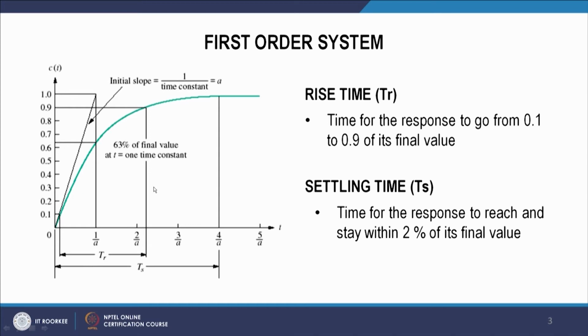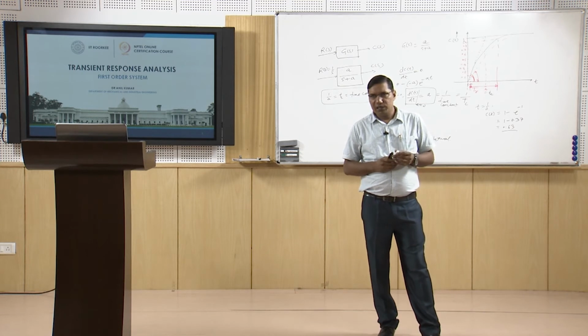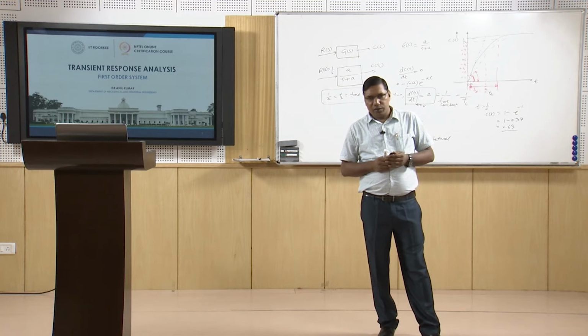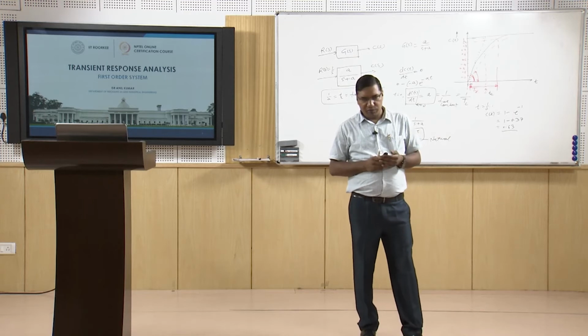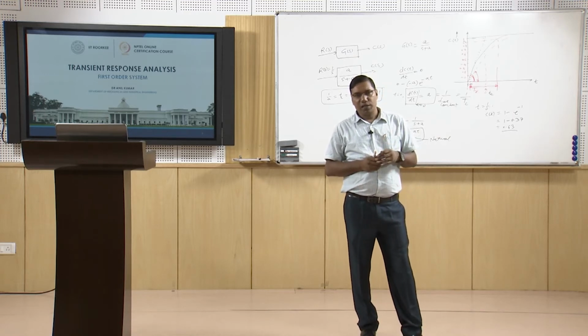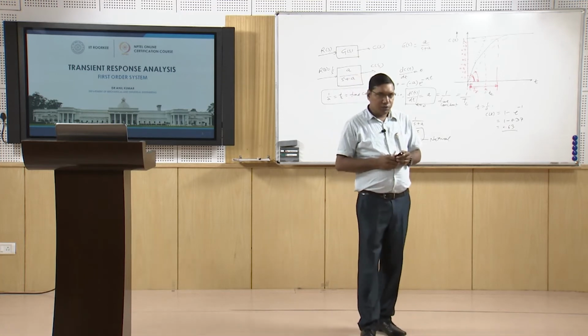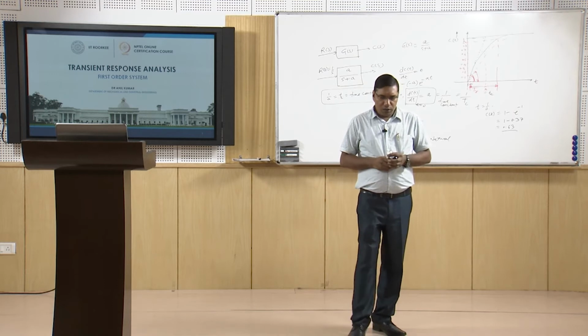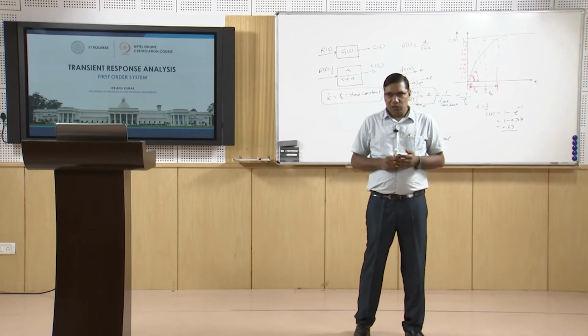So we see that time constant, rise time and settling time are the 3 transient response specifications of a first order system, and we can characterize the first order system from the response by calculating these times. Now, in case of a first order system, we see that there is no overshoot.